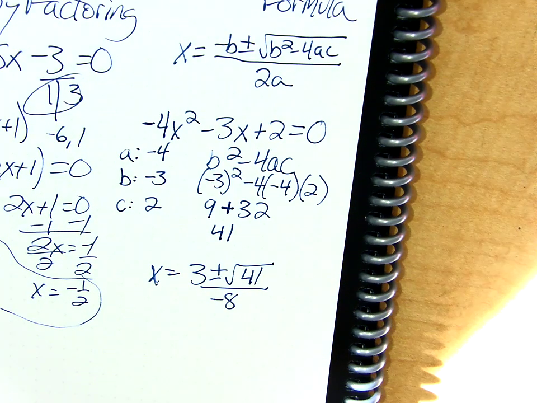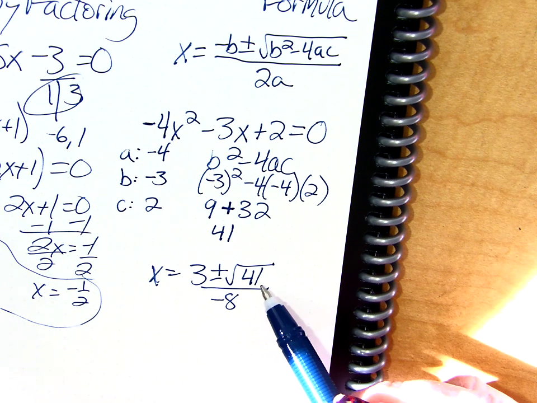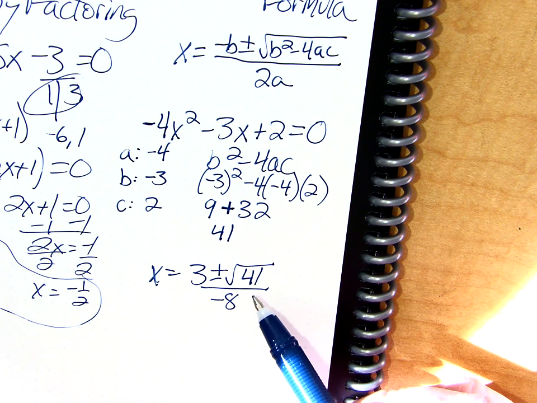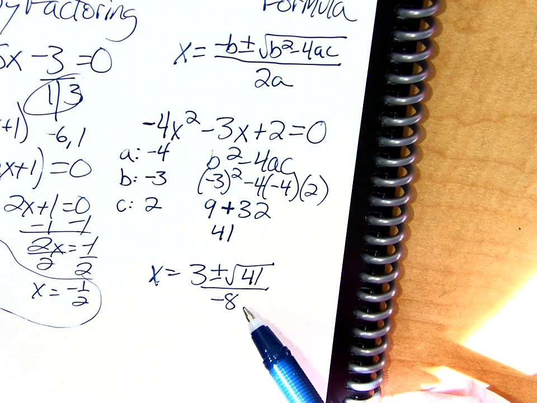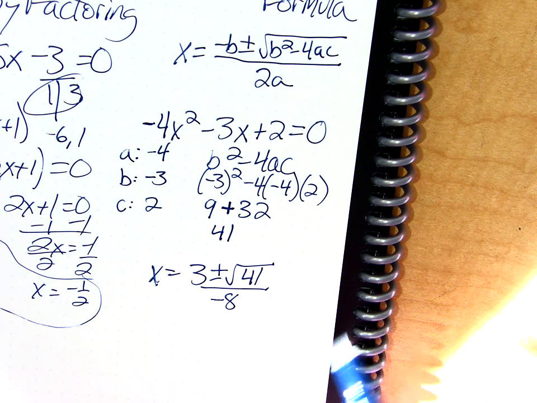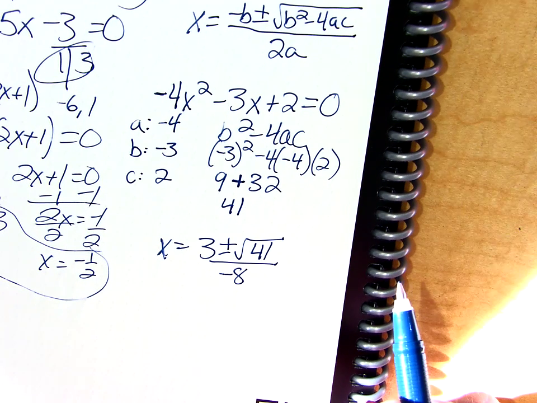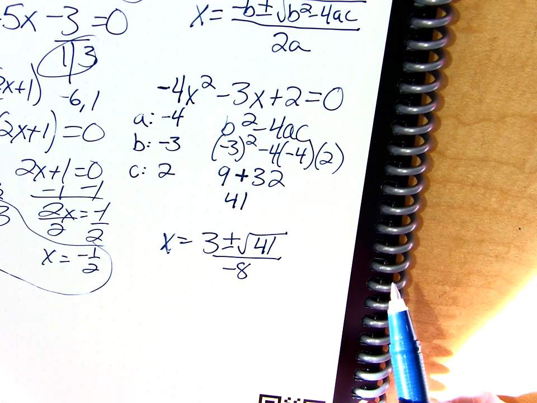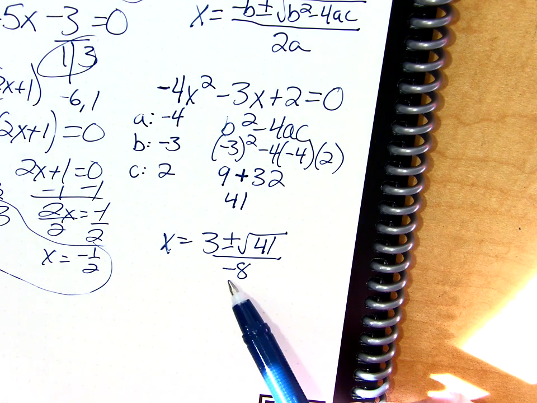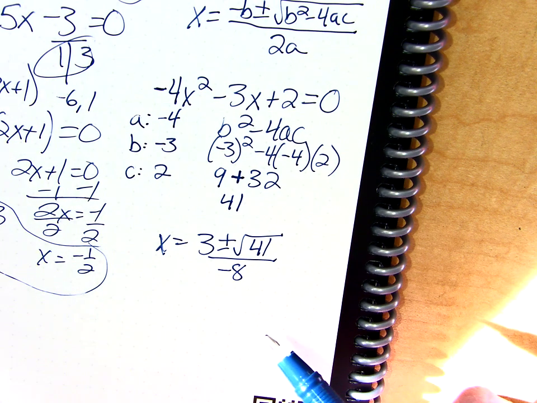Is that a final answer? Yes. I can't simplify the square root of 41. There's no perfect squares that go into it. So yes, you'll see your answer probably just like this. Maybe they might divide the -1 up.